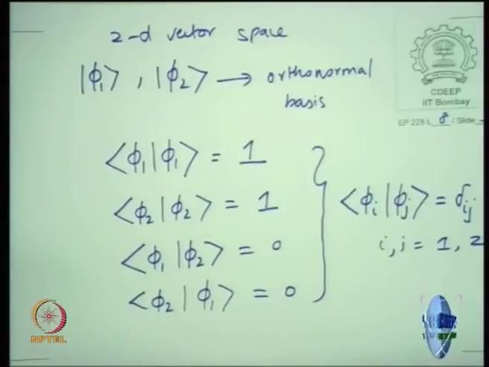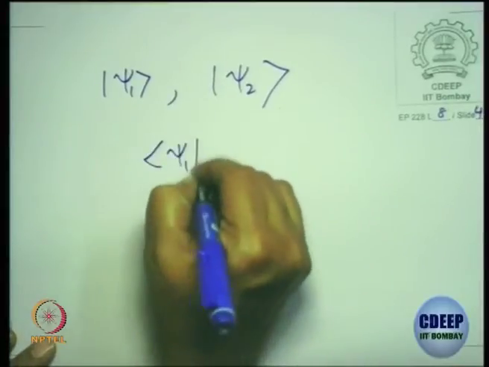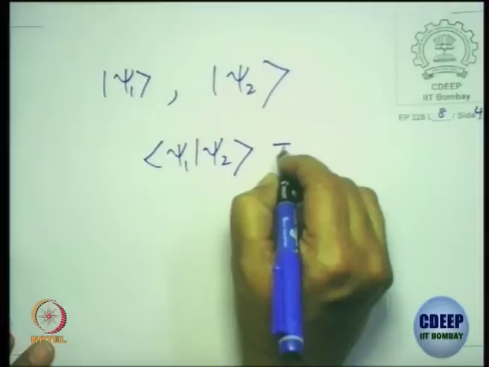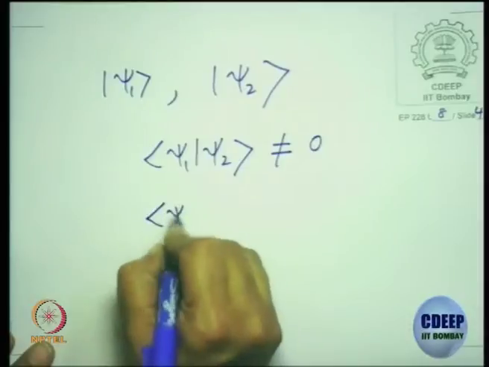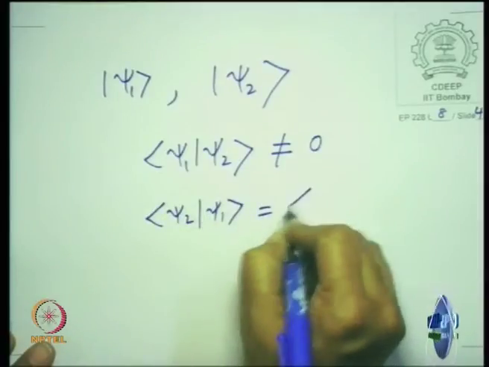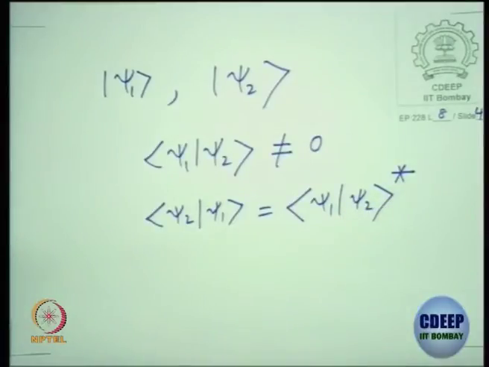So, now what we would like to do is, we could also have a non-orthogonal basis, right. So, we call that psi 1 and psi 2. Why is it non-orthogonal? If you try to find what is the inner product of psi 1 with psi 2, this will not be 0, okay, and psi 2 with psi 1 will in principle be the complex conjugate of this.